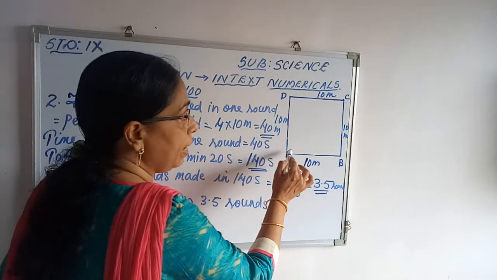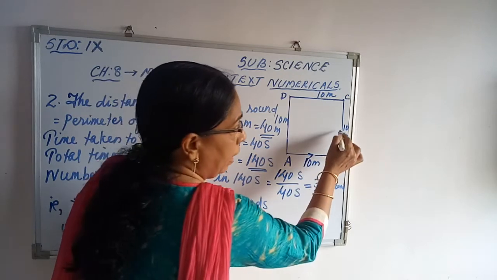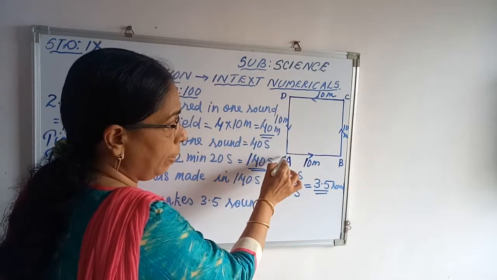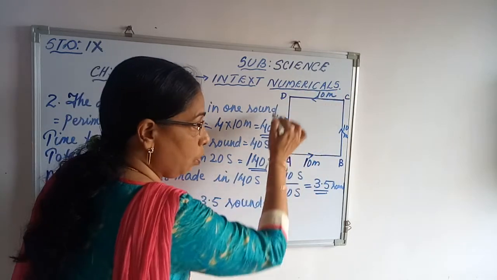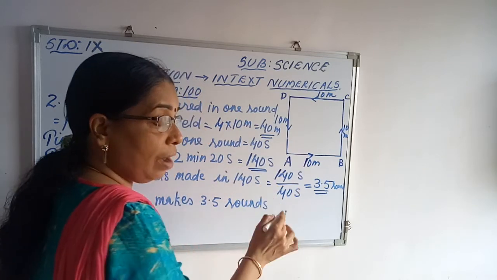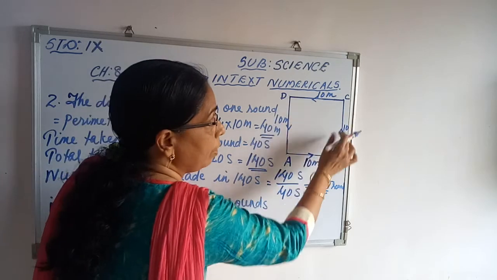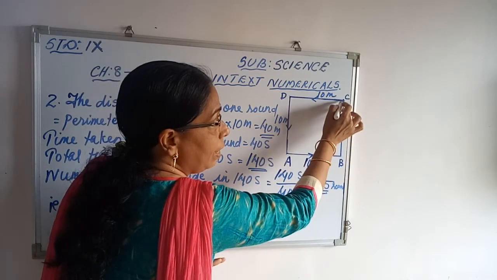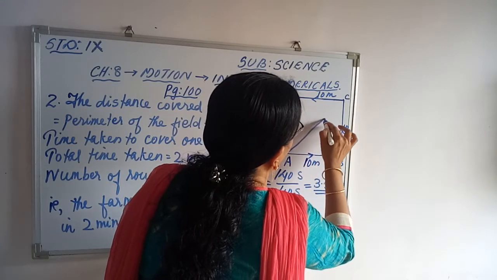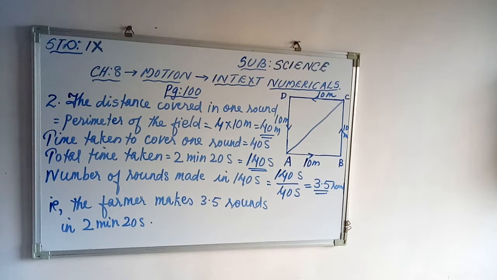See that, one round complete, if he starts his journey from A, then B to C, C to D, D to A. In one round complete, he comes back to A. Second round also completed at A, and third round at A. Then 3.5 rounds: 3 rounds completed, he reaches A. In half, he will reach up to C only. So the position of the farmer after 3.5 rounds will be at the point C. Is that clear?